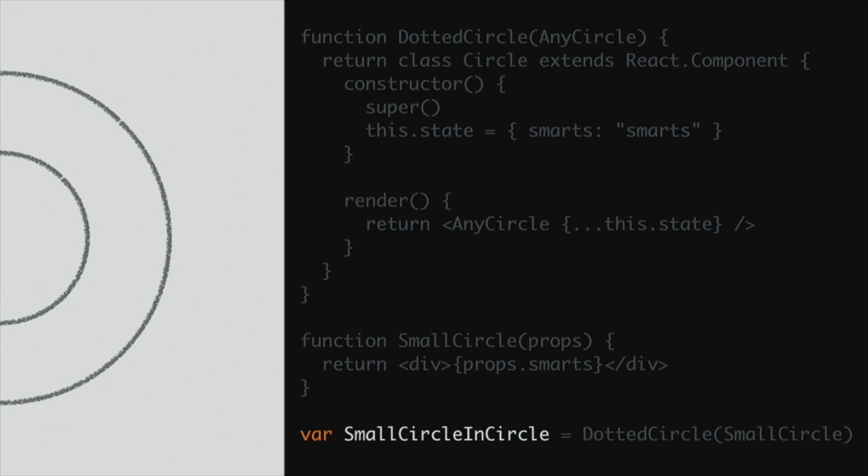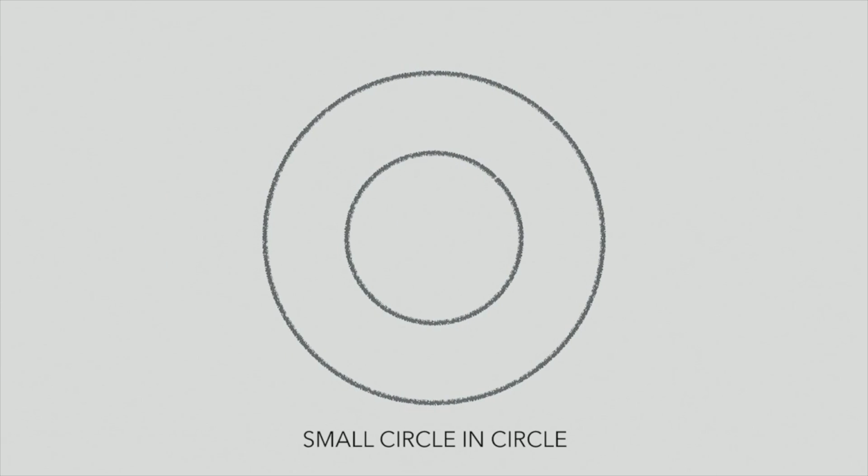So we end up with our same small circle in circle component, and we can use this anywhere we want. This is our container component, but it was dynamically created. We were able to use a function to reuse both parts. Here's my small component, jam it in a big component. Here's my small component, jam it in a big component.